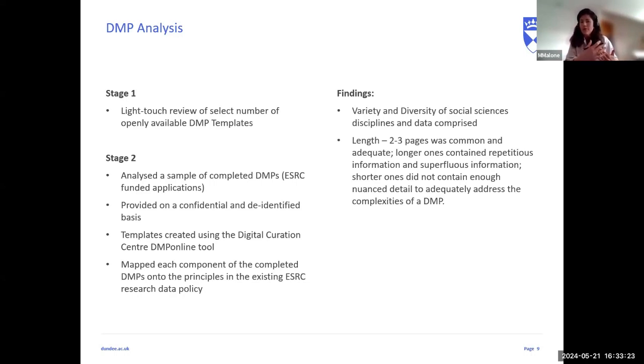So what we found was that 2 to 3 pages was common and adequate, with some of the longer ones having a lot of repetition and not being as pinpointed as they could be. Some of the shorter ones then didn't contain enough nuanced detail to adequately address the complexities of a DMP.